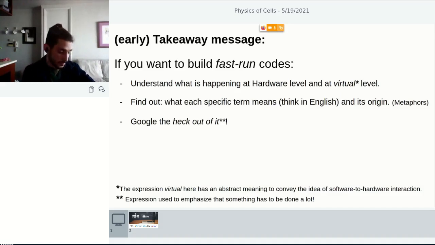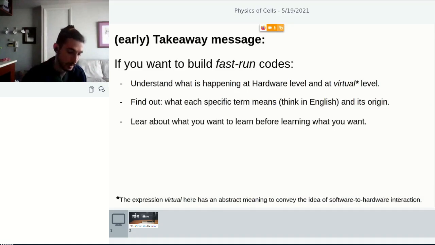Then, Google the heck out of it. That's the expression: you need to use Google a lot. If you want to learn something about programming, use Google a lot. I like to think about it as: learn about what you want to learn before learning what you want.